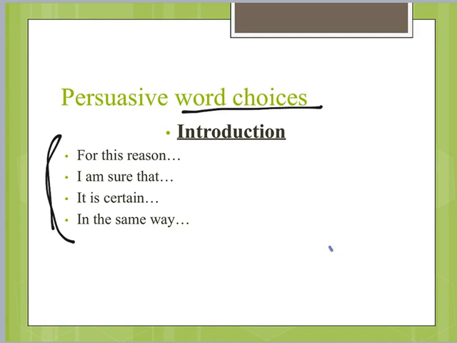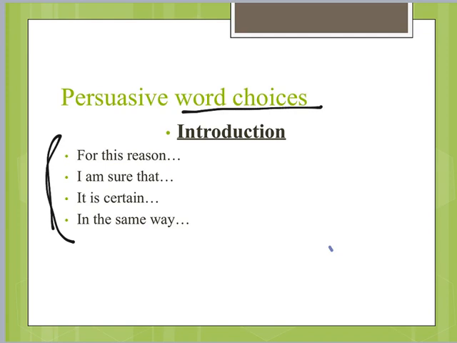An example: for this reason, I am writing this. Or the Javan rhino is an endangered animal, or the mountain gorilla is an endangered animal. For this reason, I'm writing this letter to the villagers or the hunters who kill the mountain gorillas.